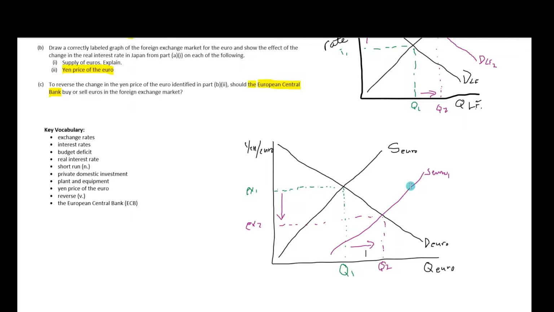Well, if you're in Europe, if you're exporting, that would make your products or services more competitive. It would make them relatively cheaper in the other currency, the yen. Conversely, if you're exporting from Japan, with your appreciating yen, you are not going to be so happy. You're going to see your products become less competitive.